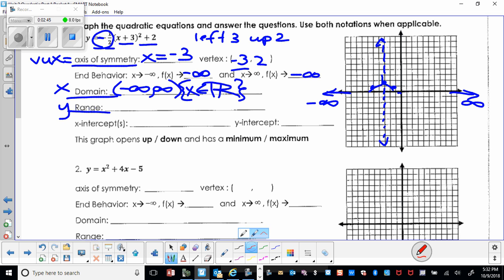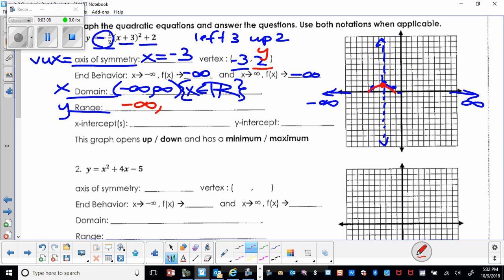So looking at my y values, well, I know my biggest y value is going to be the vertex because it's going down, right? And it goes down to negative infinity. So it's going to be negative infinity to, this tells me, again, my vertex is going to be the maximum.